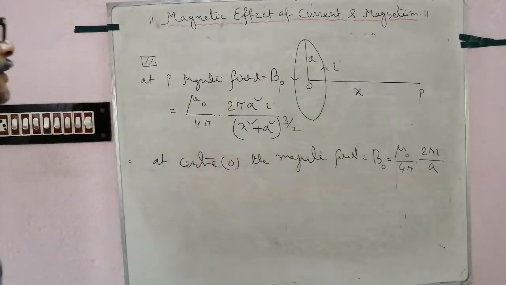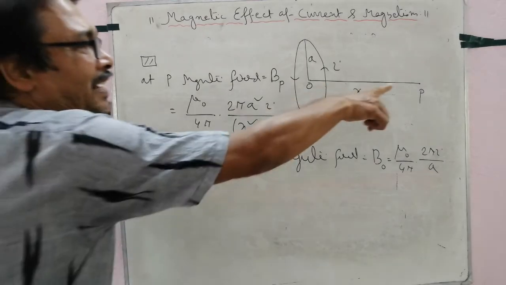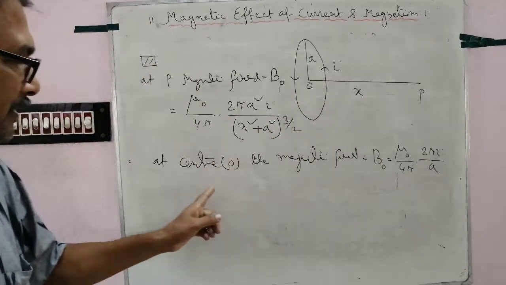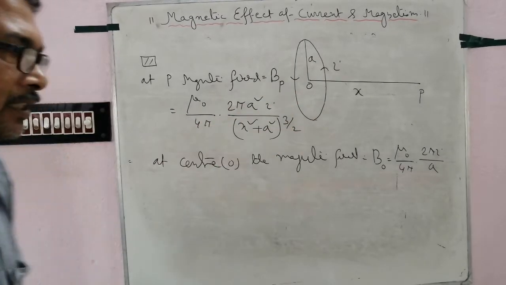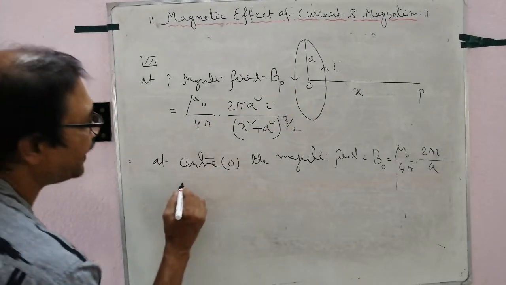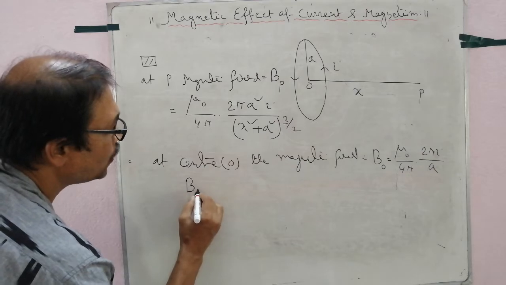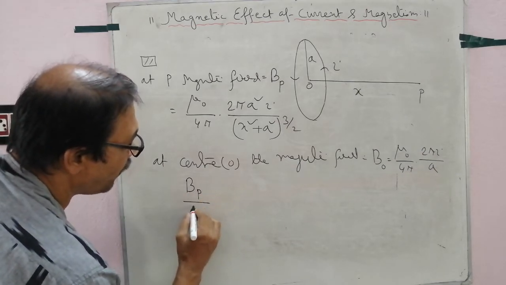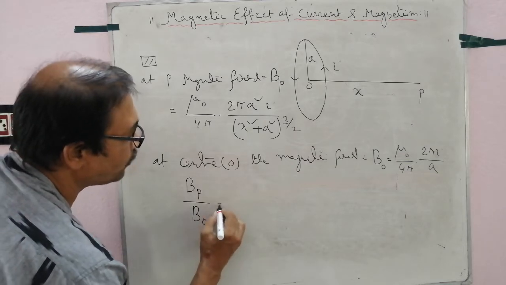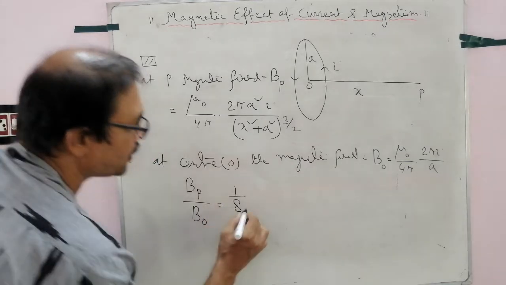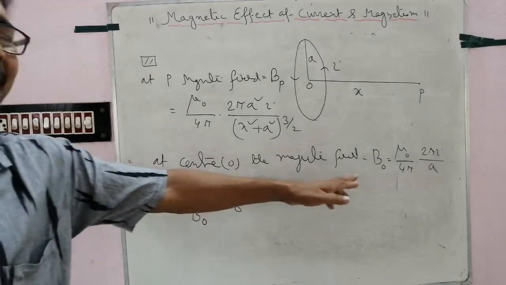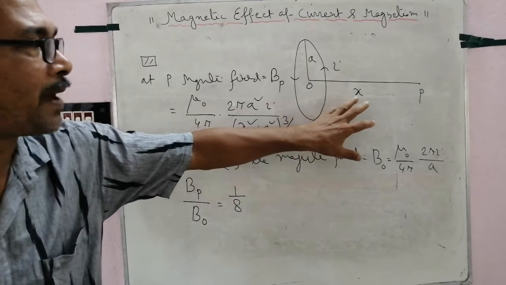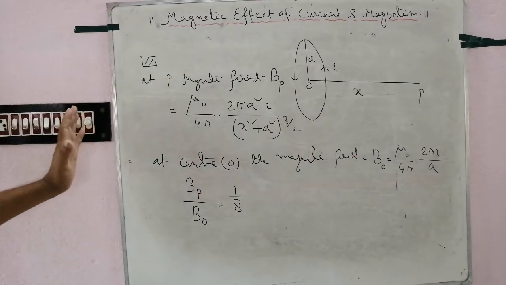Suppose the question says the magnetic field at P at a distance x is 1/8 the magnetic field at the center. The ratio BP by BO is 1:8. The magnetic field at the center is maximum. So find out the value of x. This is the question.